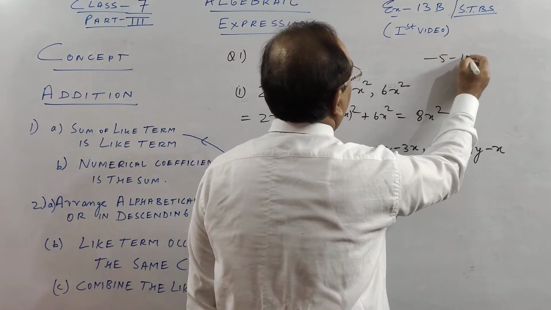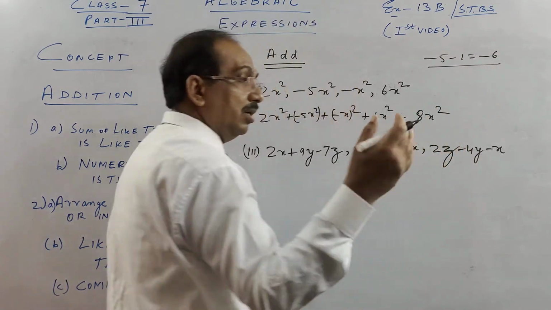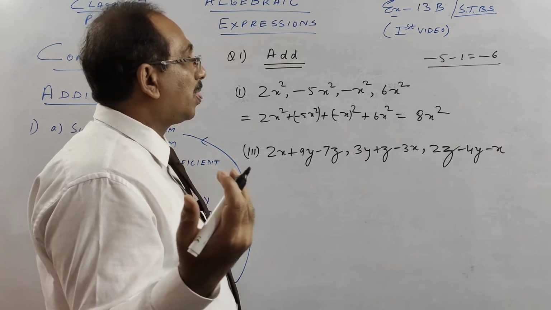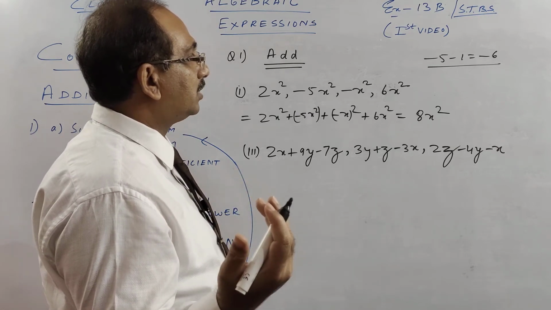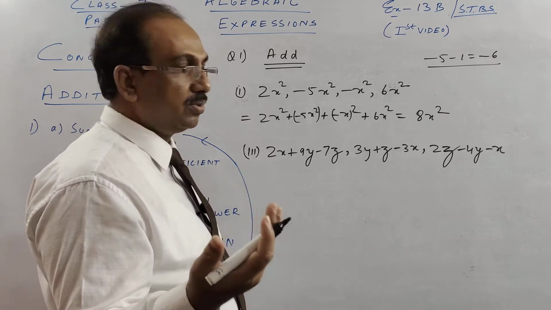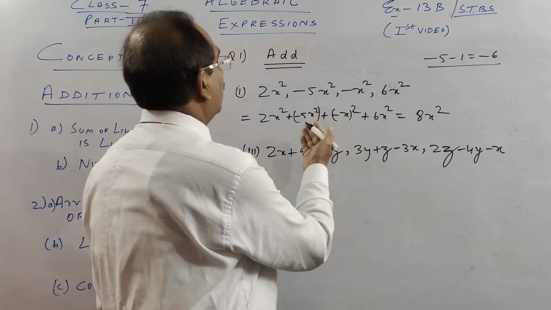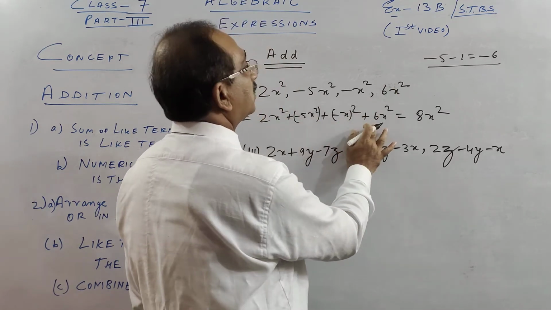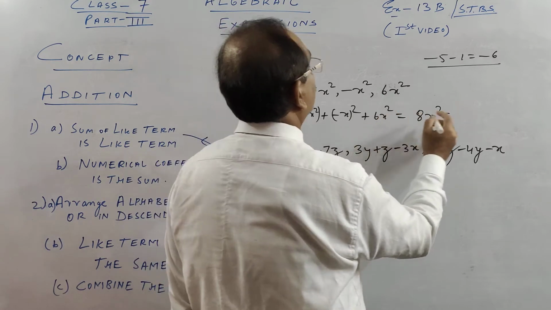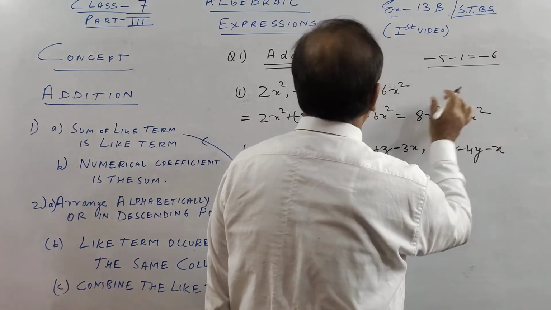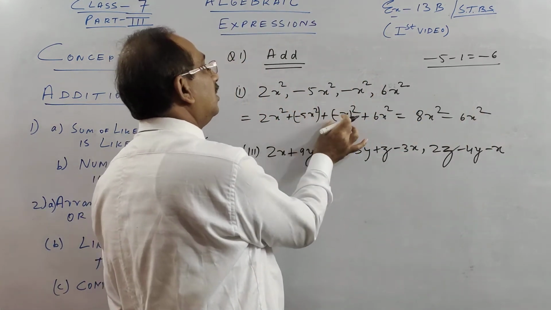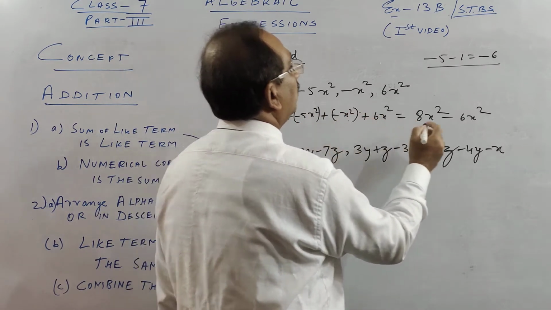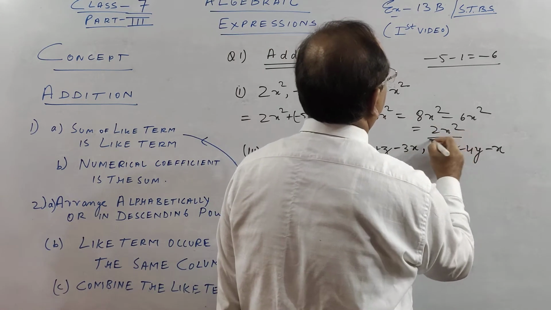This I have already taught you, children, in my earlier videos on fractions and integers, and rational numbers, which you do in this class. So minus 1 and minus 5 is minus 6, and 2 plus 6 is 8. So this will be minus 6x square. The numerical value is minus 6, and the term will be x square only. So we get 2x square as the answer.